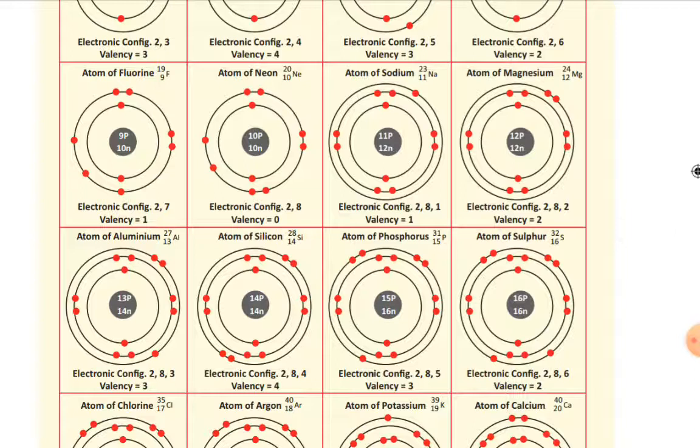They ask you to draw the geometrical representation of the atomic structure of sodium or magnesium. First you have to write the electronic configuration, then you have to draw the nucleus, and depending upon the electronic configuration you have to draw the orbits and locate the electrons.